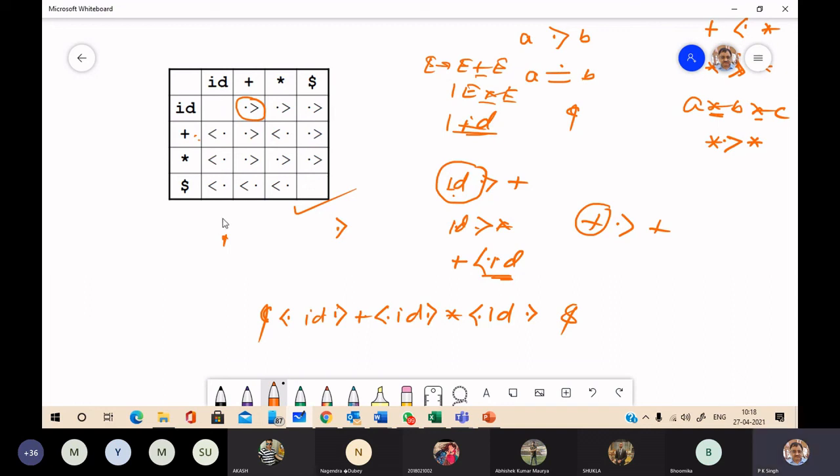Initially the symbol on top of stack is dollar and the current input symbol is ID. So if we have this relation or this relation, in that case the action is shift.